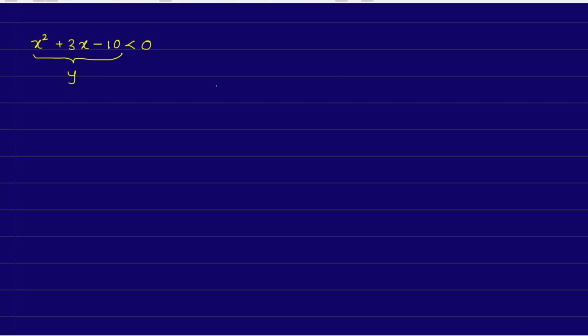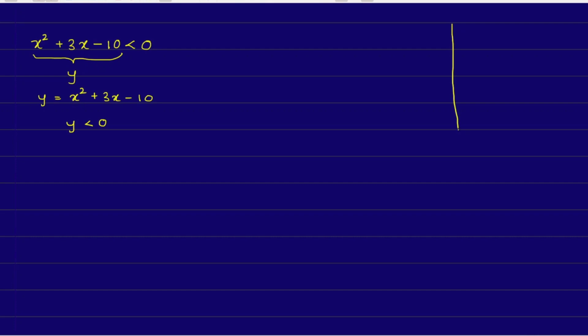And therefore, we can write that y is equal to x squared plus 3x minus 10. And we want to find the values of x for which y is less than 0. So let us sketch this curve y now.